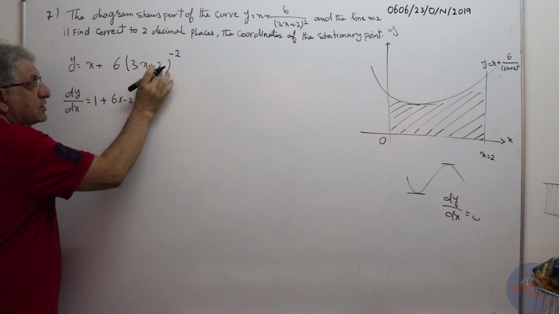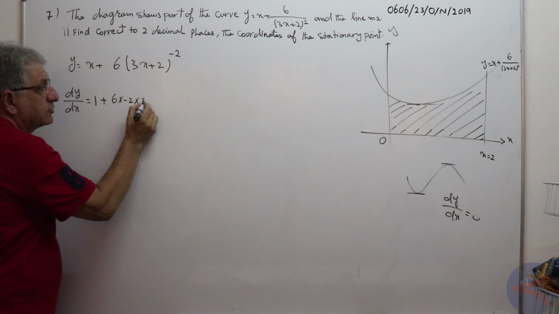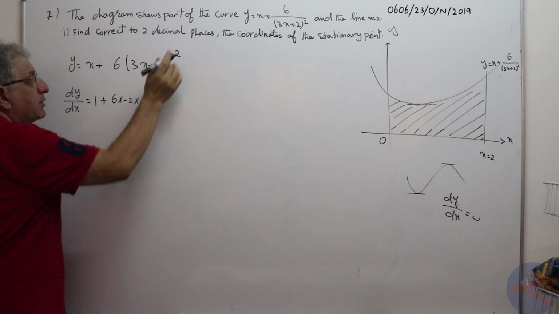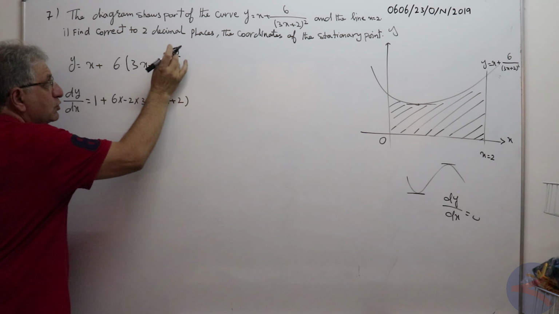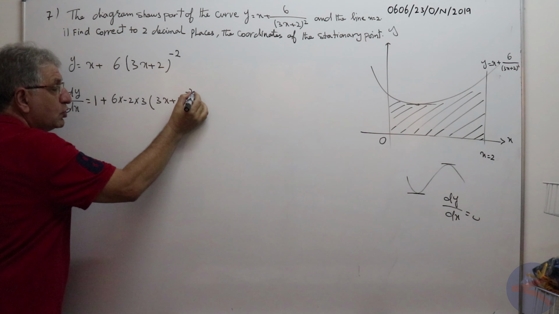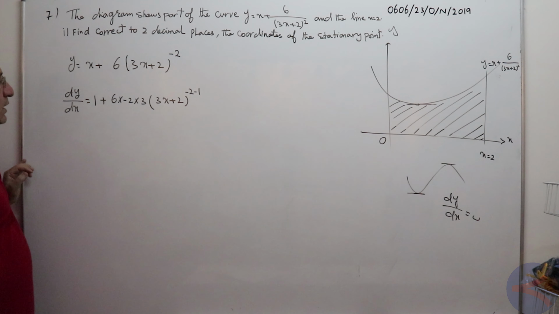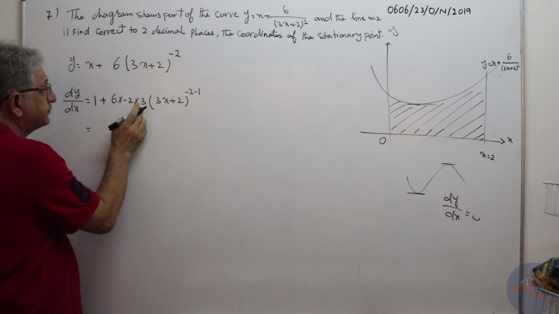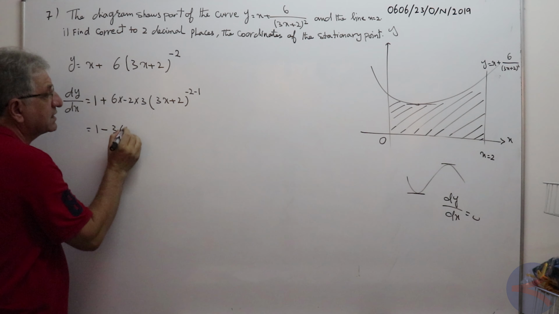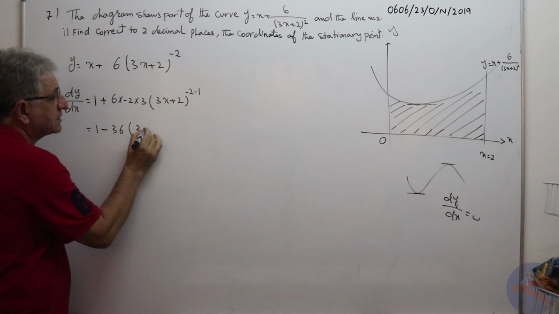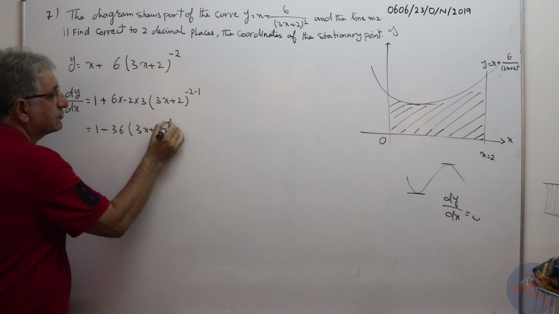Therefore this is 3x plus 2, if you differentiate this you are going to get 3. Now reduce 1 from the power, therefore this is minus 2 minus 1. So here will be 1 minus 36 times (3x plus 2) to the power of negative 3.